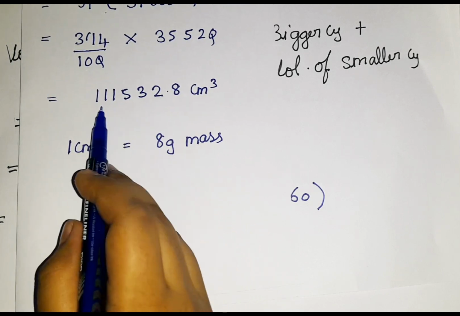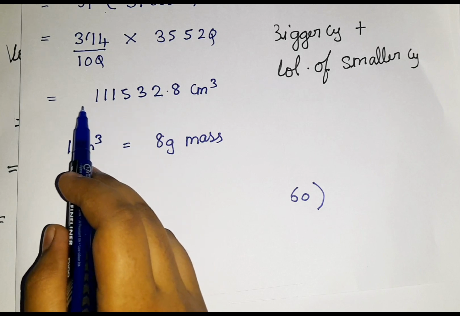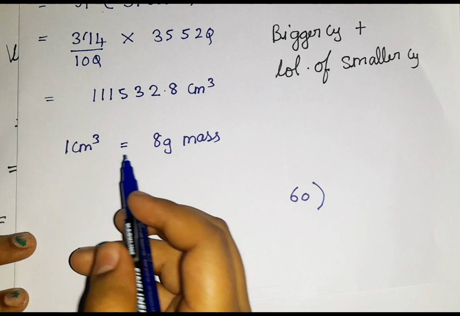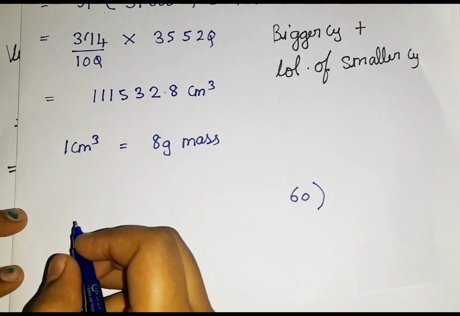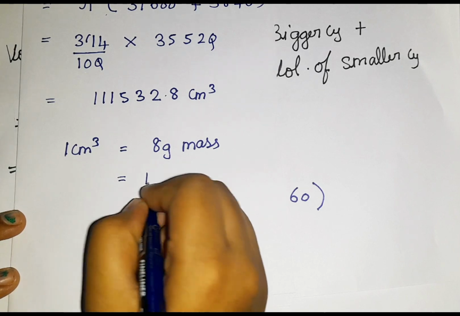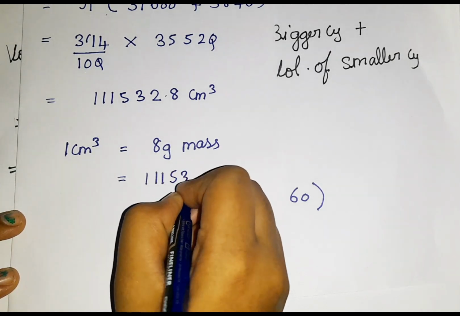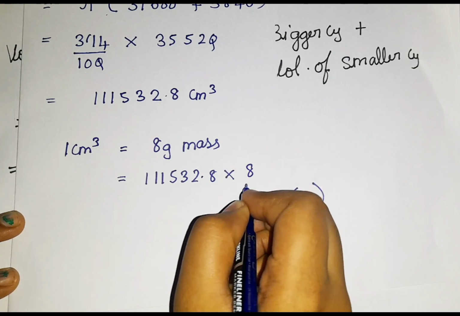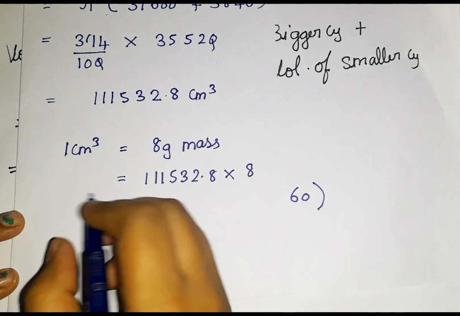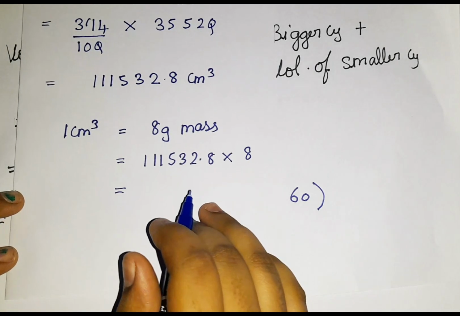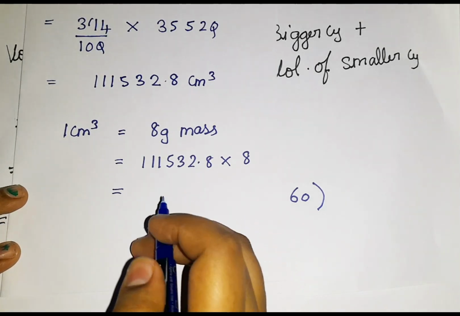But for this number, that is 1,11,532, what will be the mass? I mean, you can say grams. Okay, so what we are supposed to do is multiply 1,11,532.8 into 8. Okay, why? Because to find the mass. Alright, so to find the gram and all, we are just doing that.